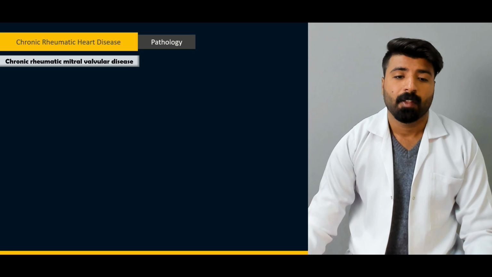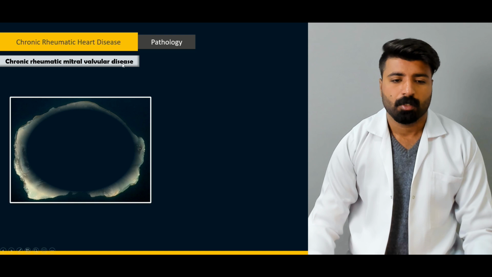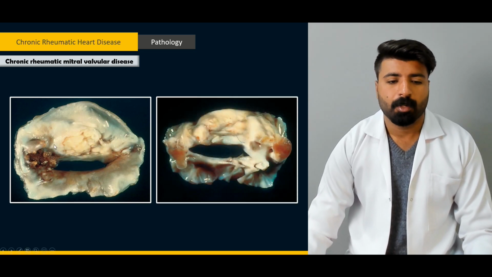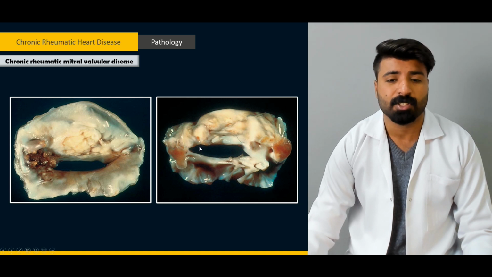Next, we have chronic rheumatic heart disease pathology, if chronic rheumatic mitral valvular disease happens. Now, this is a photo taken from a heart which has been affected by chronic rheumatic heart disease. It's the mitral valve disease. This is taken from the aortic level, and this is taken from the ventricle cross section.